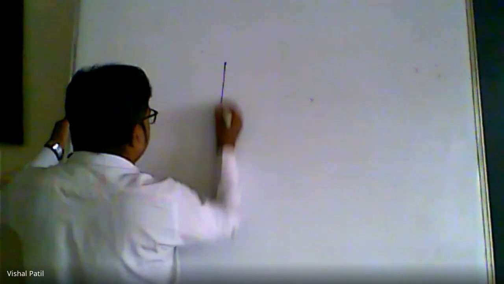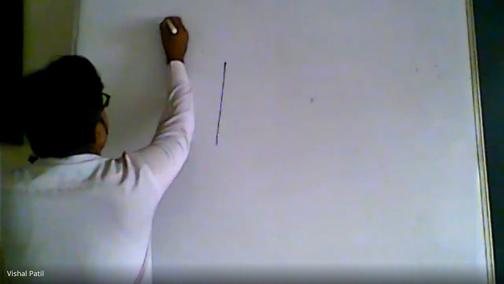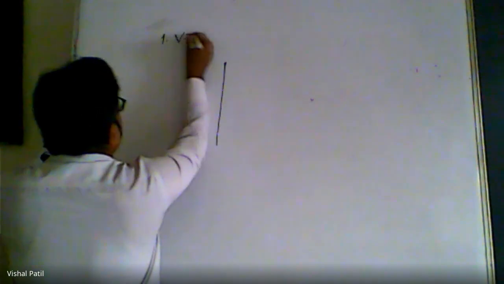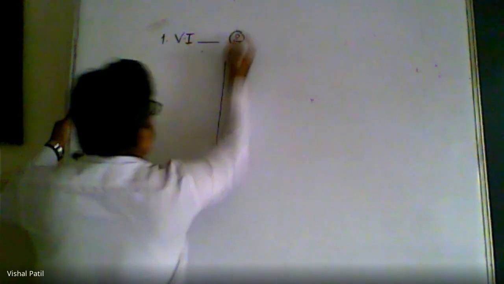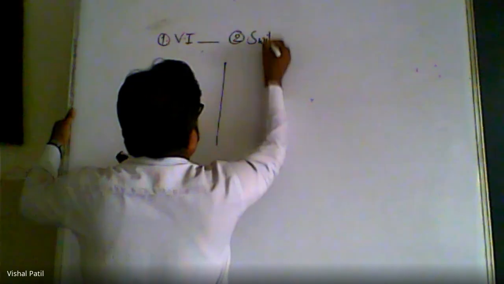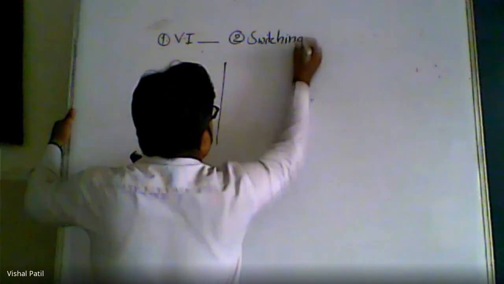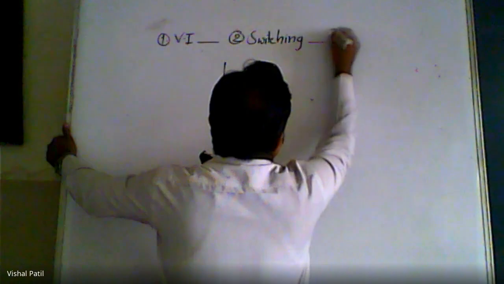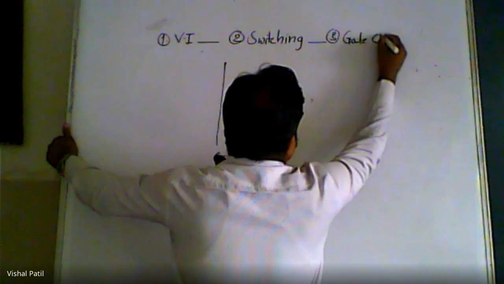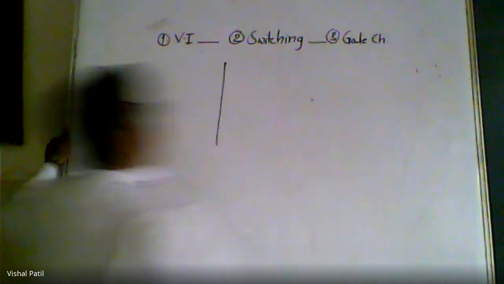Okay, so VI characteristic of thyristor. As I told you, there are three types of characteristics: VI, then we have switching characteristics, and the third characteristics are gate characteristics.